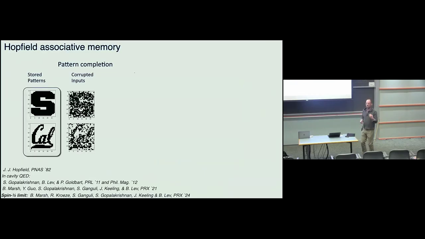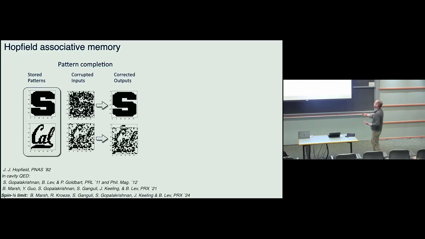And then you want to do a content addressable memory. So I want to take some pattern that has some errors on it, okay? If the errors aren't too bad, then I should be able, and my brain is doing this right now, to associate this with this pattern and this with that pattern, right? Okay, so the associative memory will do that. And that's success. That's what this thing does.